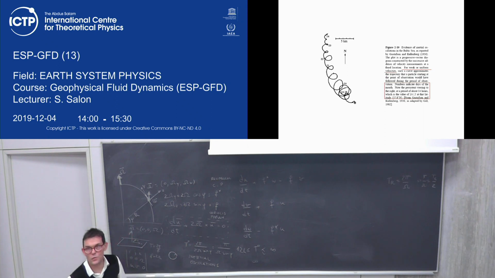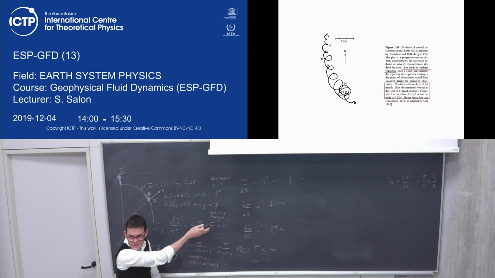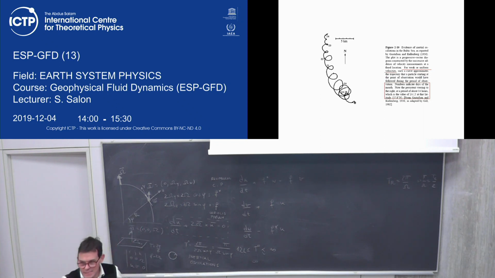If you would be in an inertial frame of reference, of course, this wouldn't exist. So if you are outside our planet and you look at that drifting object, you will see that the object just moves straight.